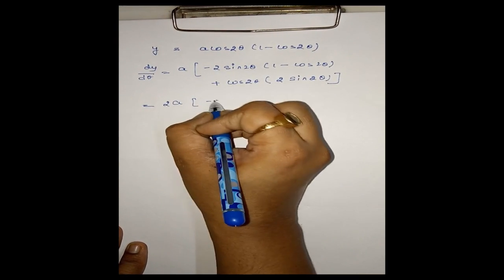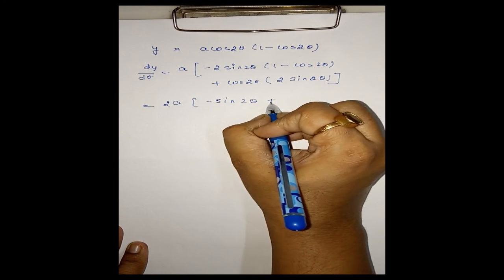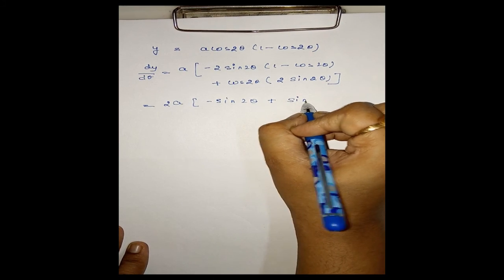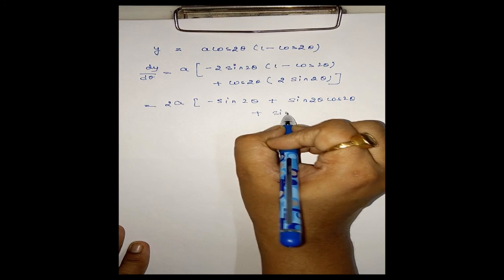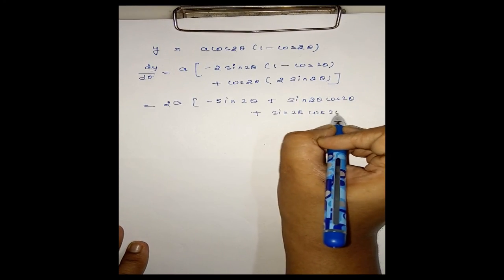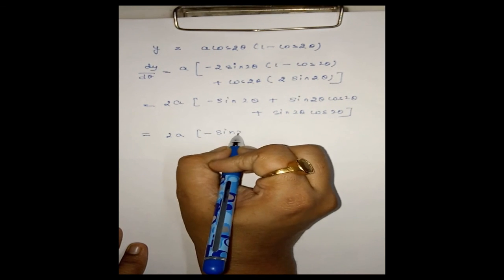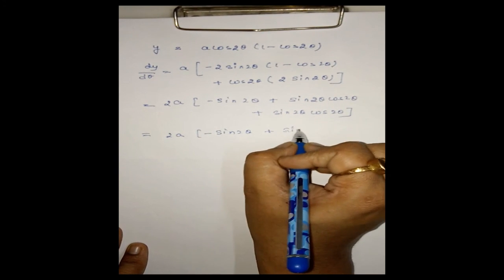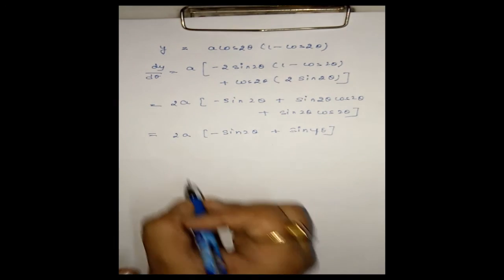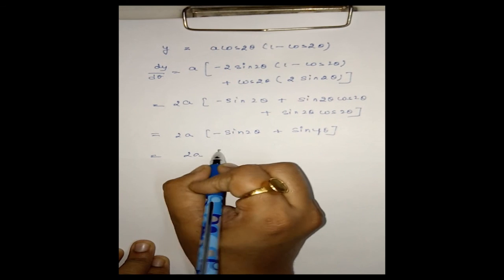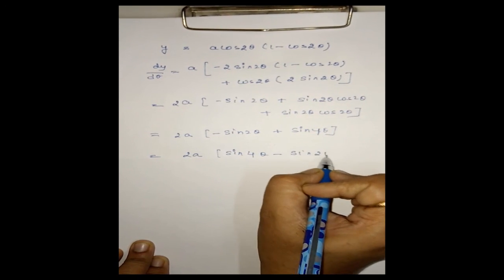Taking 2 outside, this is 2a [minus sin 2 theta plus sin 2 theta cos 2 theta plus sin 2 theta cos 2 theta], which is 2a [minus sin 2 theta plus sin 4 theta], since sin 4 theta is 2 sin 2 theta into cos 2 theta. That is, this is 2a [sin 4 theta minus sin 2 theta].